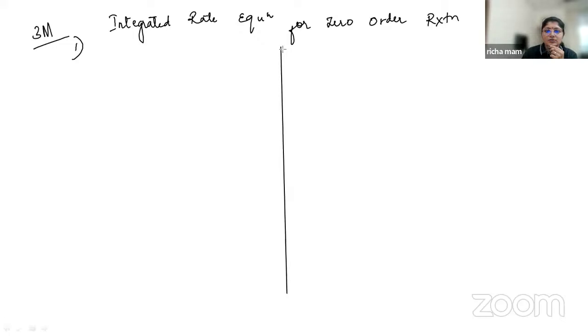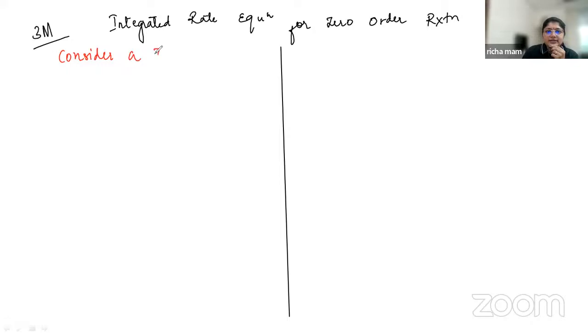So we are solving the integrated rate equation for zero order reaction. Consider a zero order reaction.